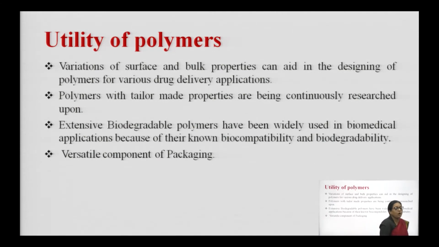The polymer properties are very important in governing the controlled drug delivery applications, and by varying the surface and bulk properties of the polymers, we can develop different systems. I already talked to you about nano and microparticles where the size range is different. We can develop microsponges. So, all these are basically different drug delivery applications of polymers.